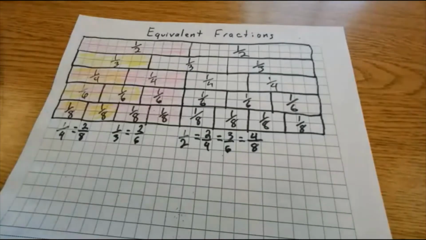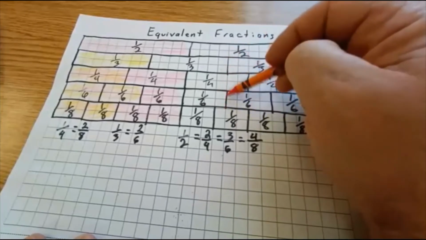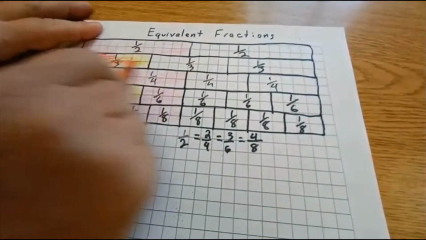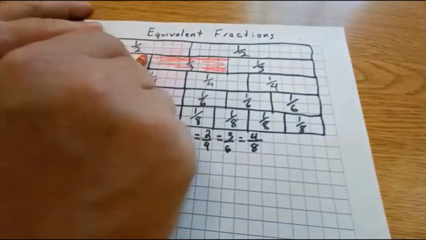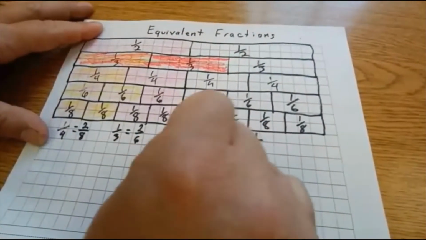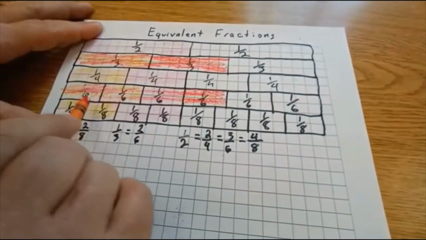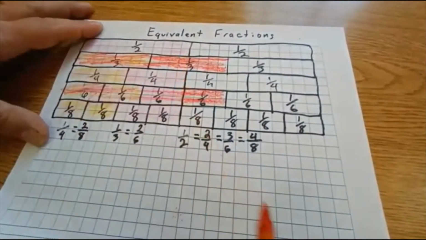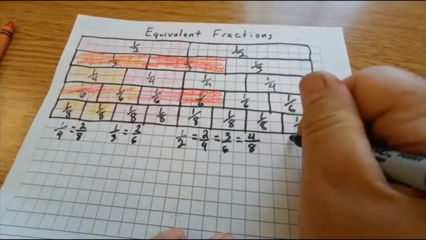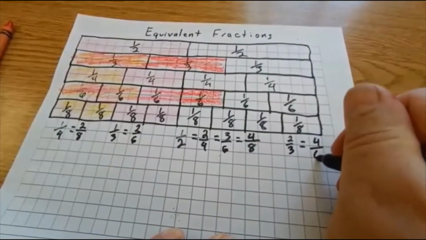The next ones that I see that line up with each other are this line right here, which is 2/3 and 4/6. So 4/6 and 2/3 are equal to each other. So I'll write that comparison down. 2/3 is equal to 4/6.